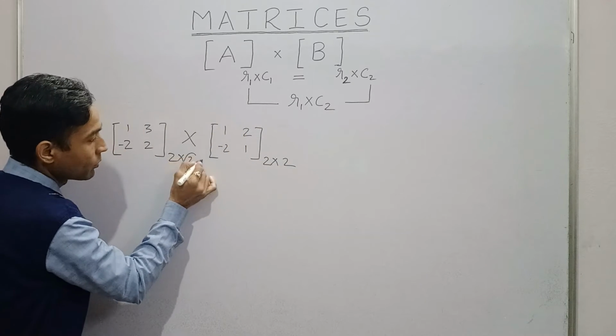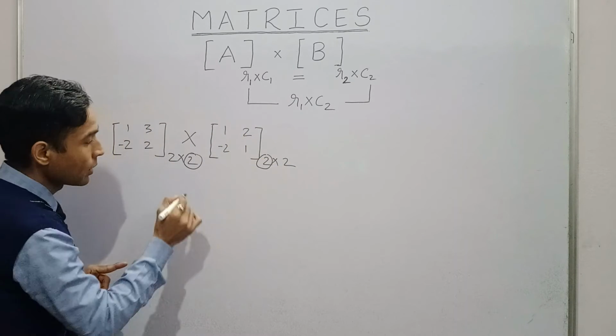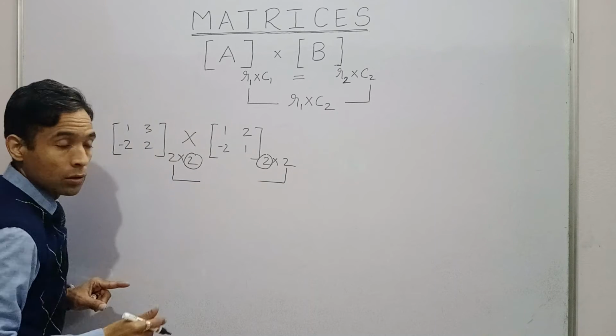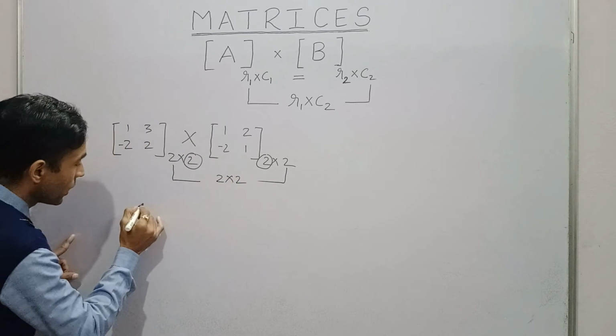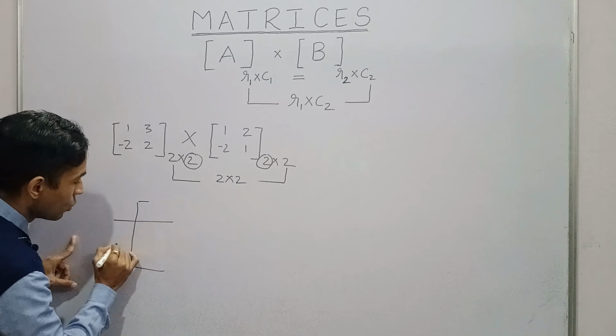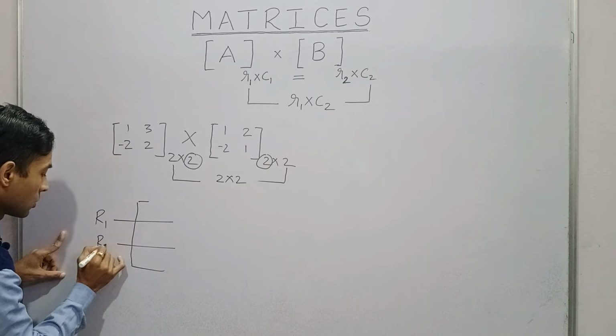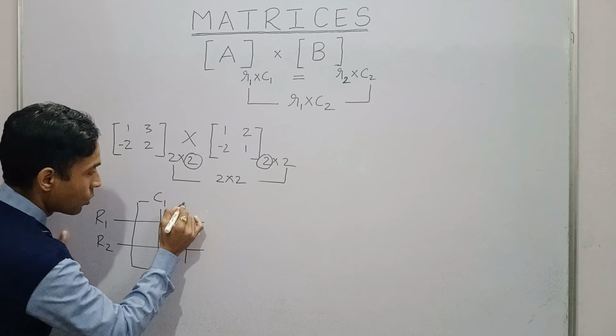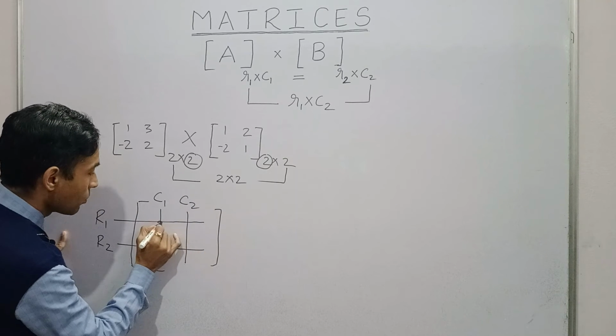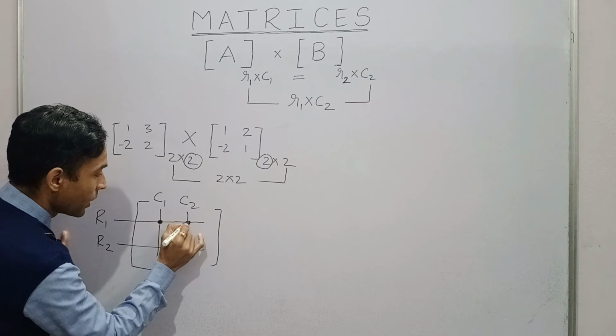So here the column of the first is same as the row of the second and the order of the resulting matrix will be 2 by 2. So here 2 by 2 means 2 rows and 2 columns.